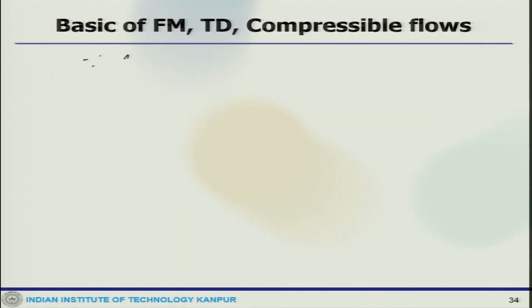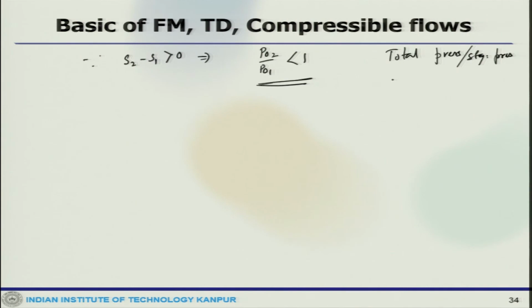Since S2 minus S1 is greater than 0, P naught 2 by P naught 1 would be less than 1, which clearly means the total pressure or stagnation pressure decreases across a normal shock.